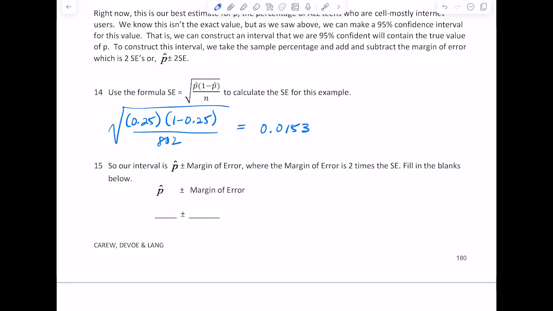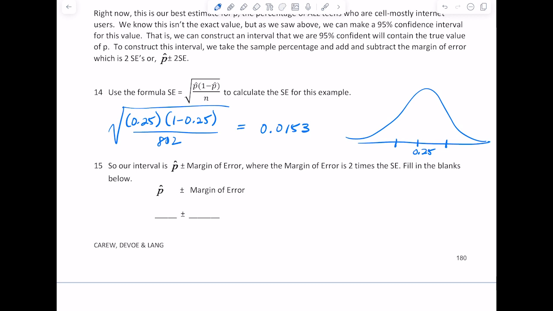Okay, so again, if you think of the normal model, we would have 0.25 in the center, and then I would add 0.0153 to get the value to the right. That's one standard deviation above, and then I would subtract 0.0153 to get one standard deviation below. So to find the confidence interval, we need to take p hat plus or minus our margin of error.